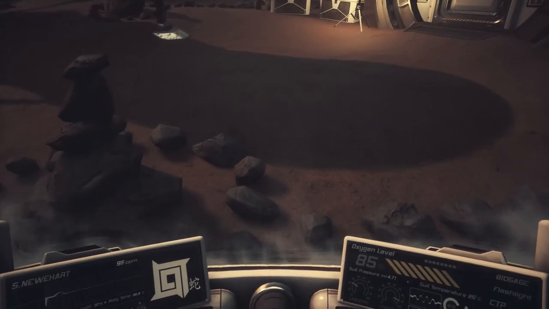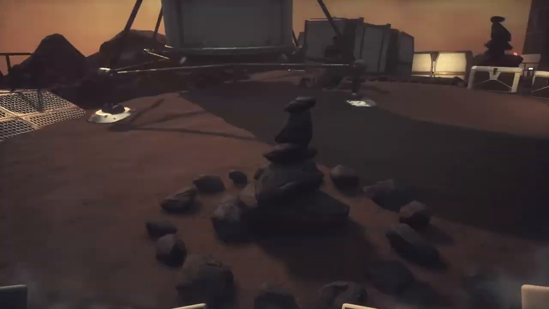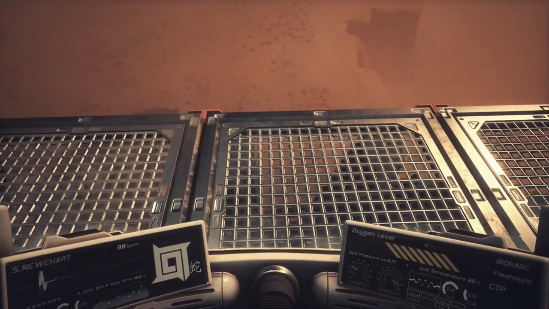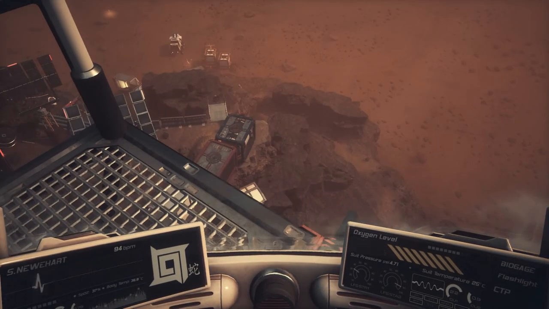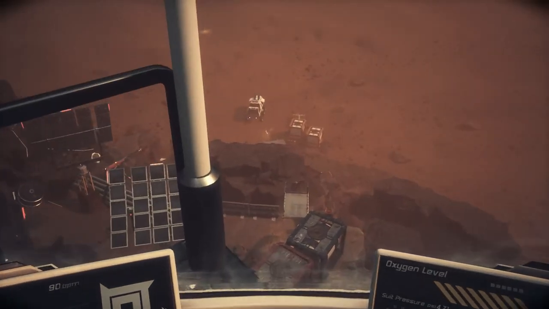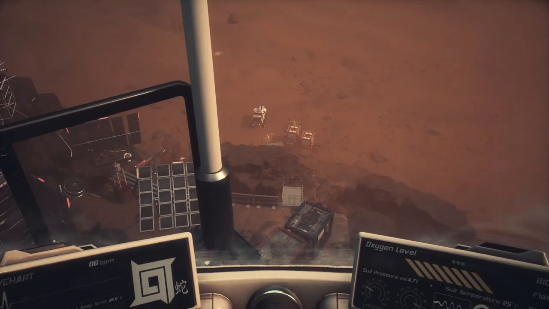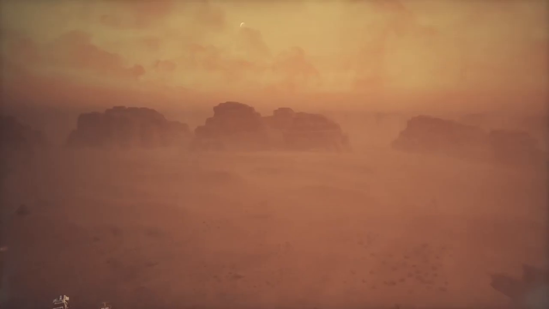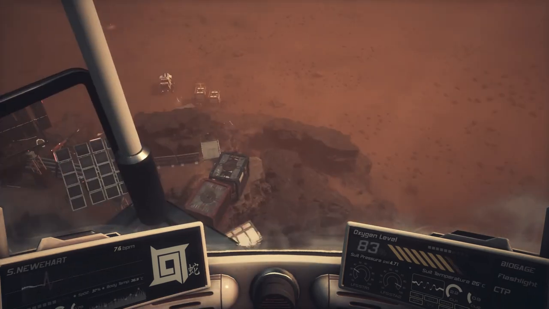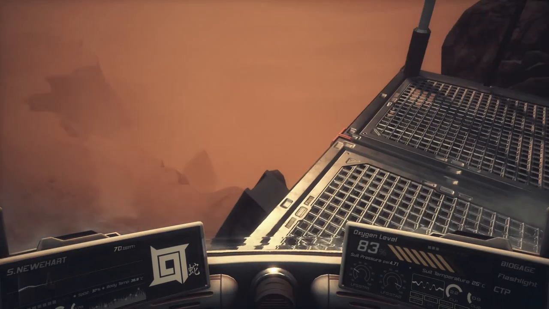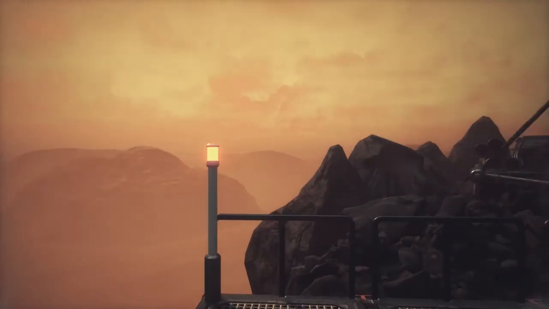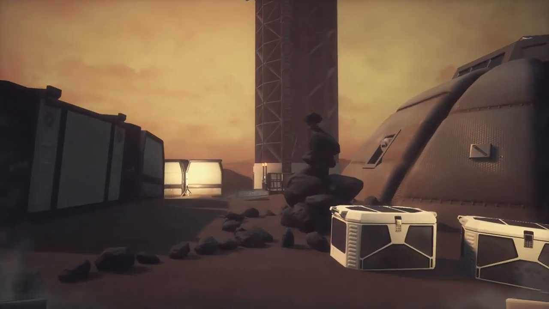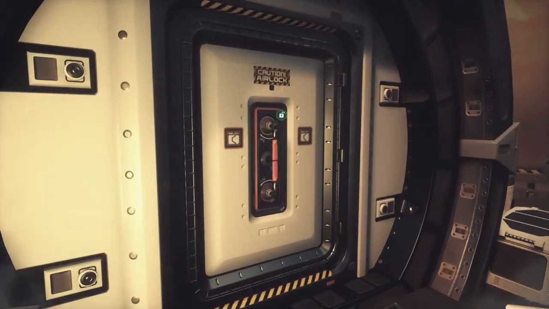Even more of those rock cairns. Ah, so that was literally my rover. I'm going around the sort of mountain or something. Well, let's check this.